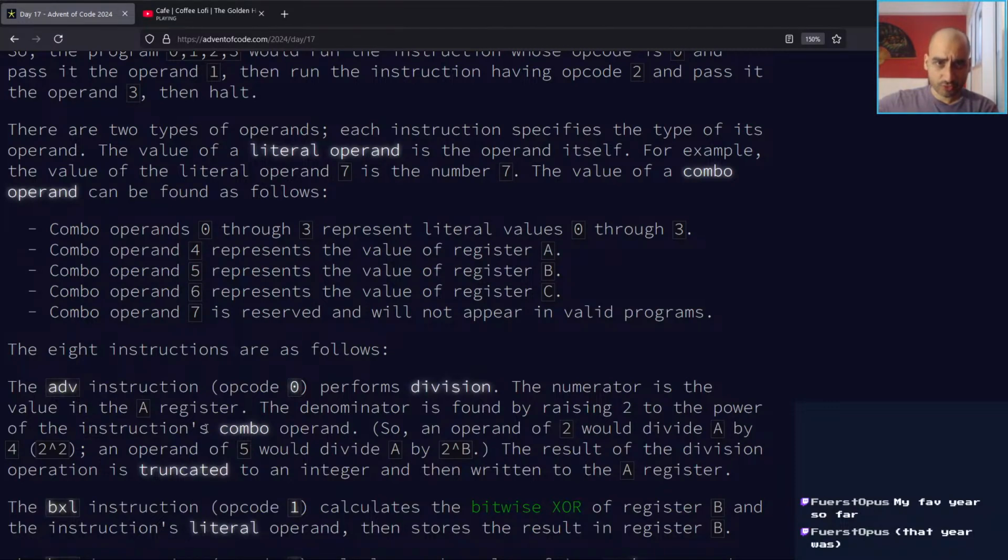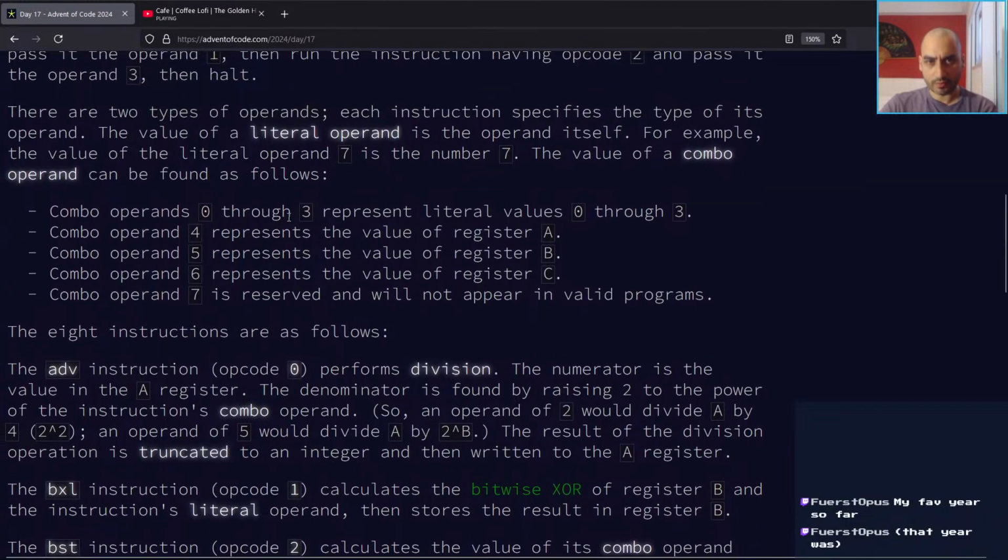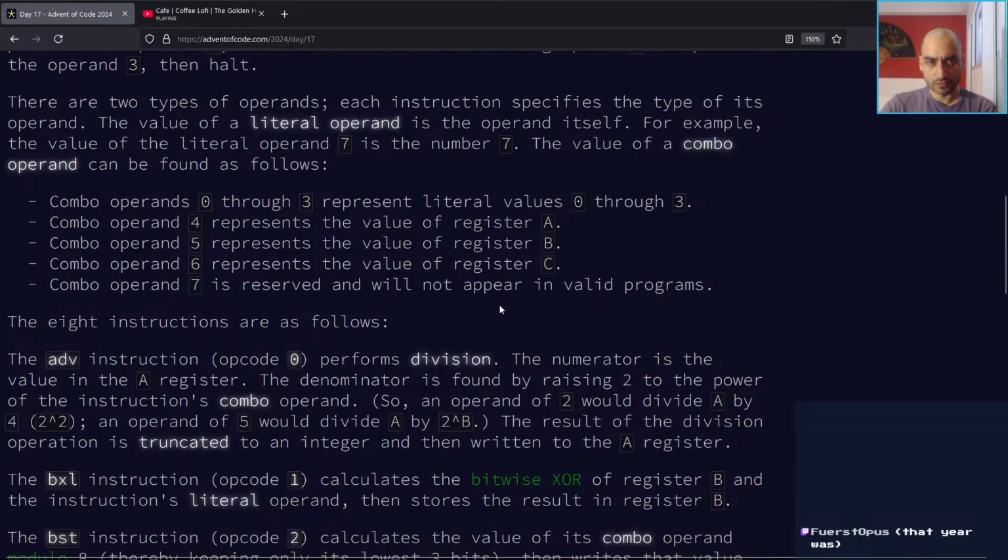The value of a literal operand is the operand itself. For example, the value of the literal operand 7 is the number 7. The value of a combo operand can be found as follows. Combo operands 0 through 3 represent literal values 0 through 3. 4 is A, 5 is B, 6 is C, 7 is reserved.